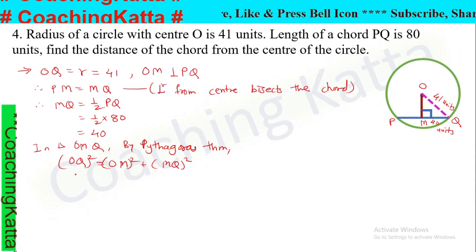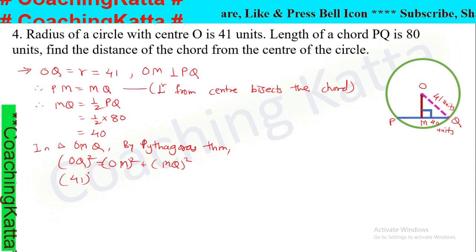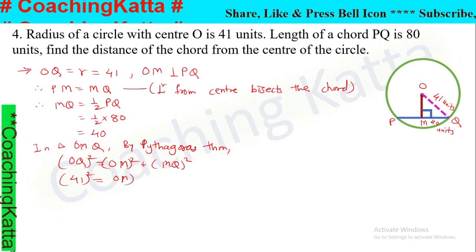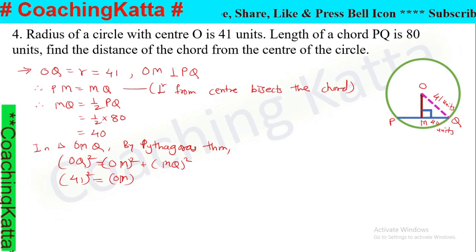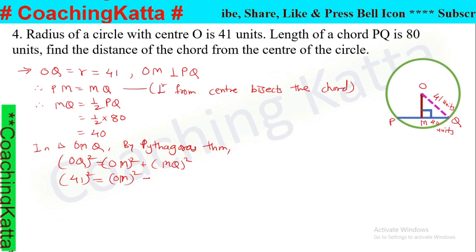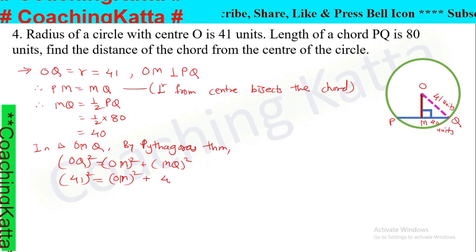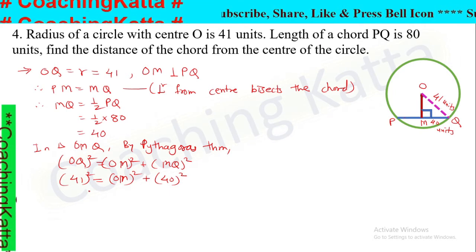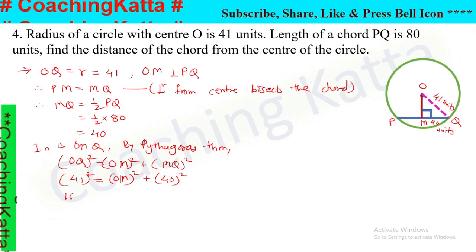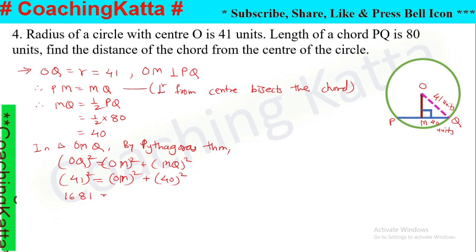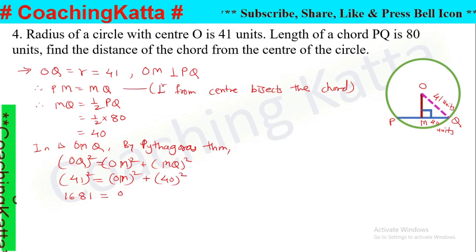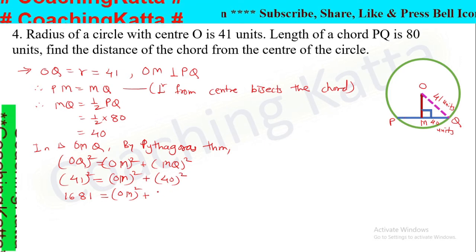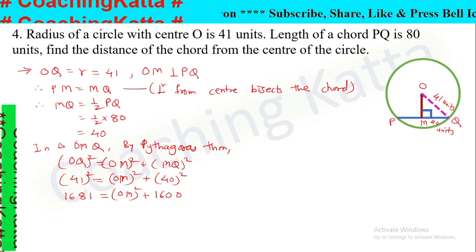Put the values: 41 square equals OM square, which is the value we have to find out, so write it as it is, plus 40 square. Now 41 square is 1681, and it equals OM square plus 40 square, which is 1600.